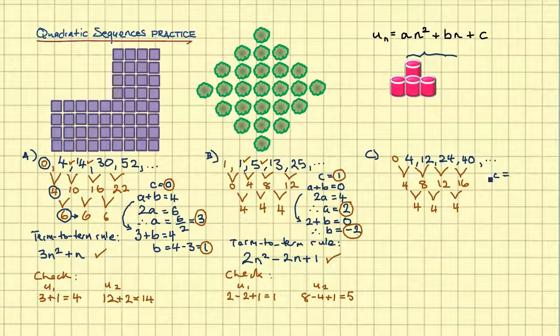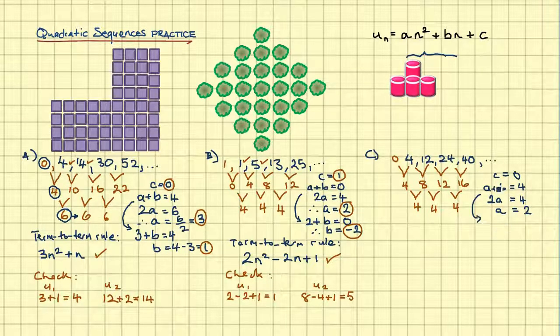So we've got C equals 0. A plus B, well that must be this value here, so 4. 2A is 4, and therefore A equals 4 divided by 2, in other words 2.